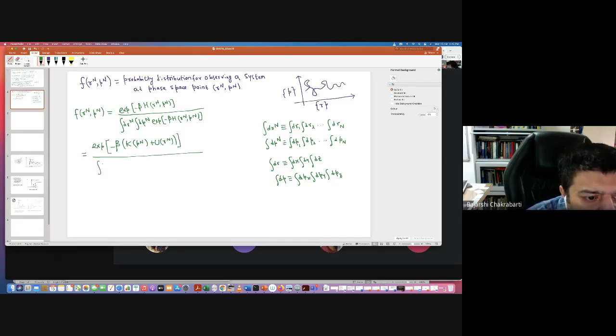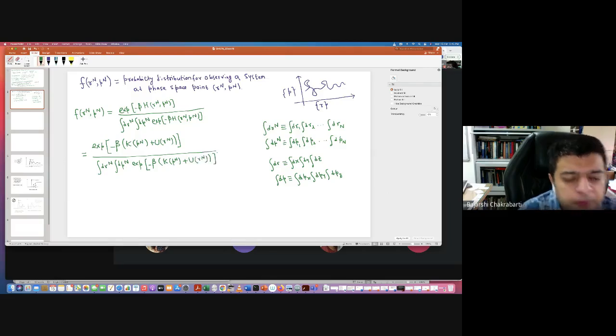And here also I can do the same thing in the denominator. I hope you can follow this. What is K? K is kinetic energy, no? U is potential energy. Now further I split it into two. The product of two I can write. How? Because it is exponential.